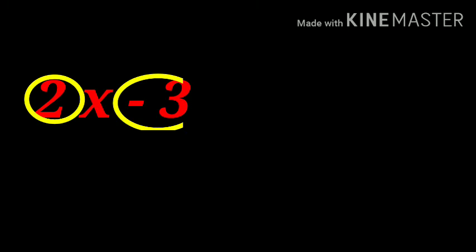So for removing this -3, you have to make it 0. Now how will this -3 become 0? Can you tell me? Okay, I will tell. If you want to make this -3 into 0, you need to add something, or subtract something.